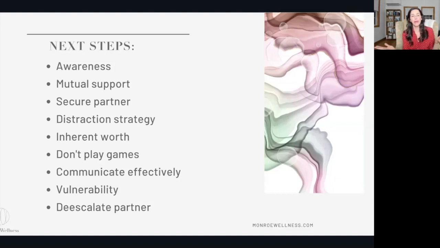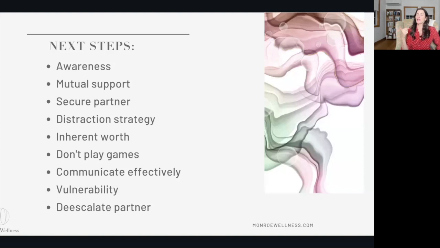As avoidantly attached people, we are really going to do the best with securely attached people and partners. Securely attached people are definitely going to have needs, which are going to repel us, but we aren't going to activate their nervous system the same way that we activate an anxiously attached person's nervous system.